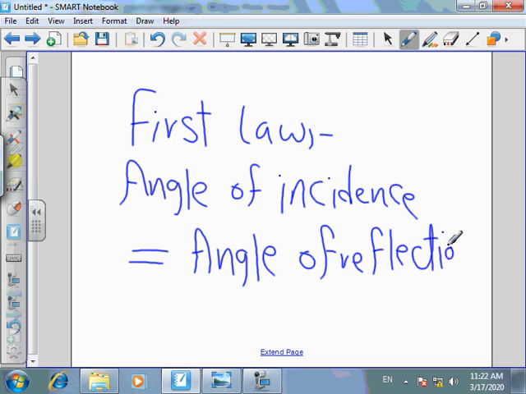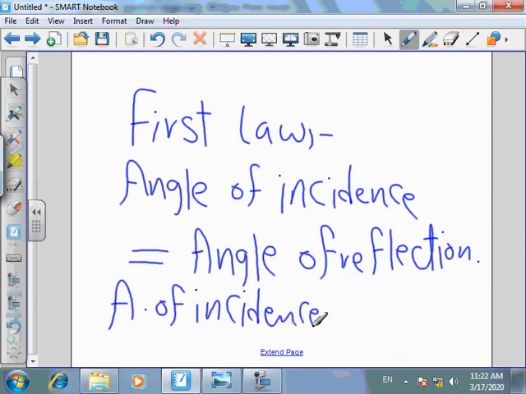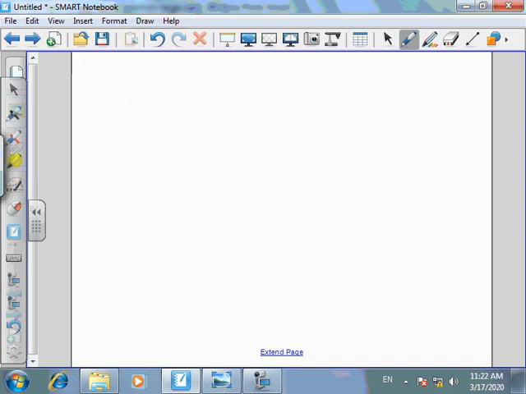Let's take a problem about it. If you know that the angle of incidence equals 30, find the angle of reflection. You are absolutely right, it equals 30. On to the next example.